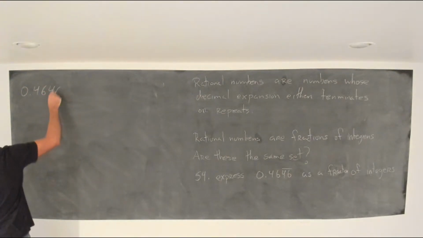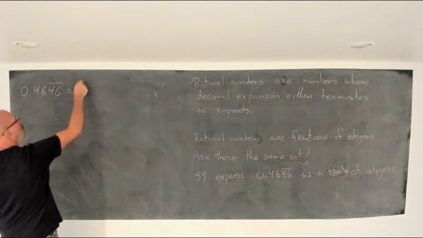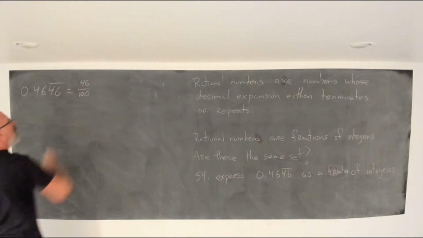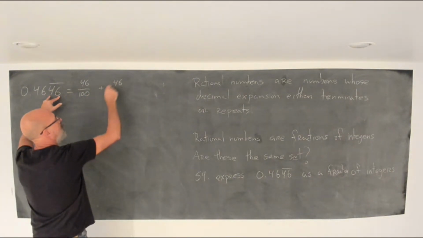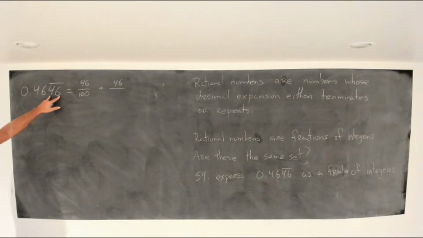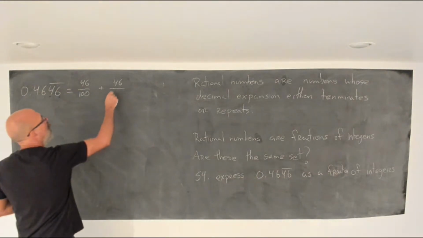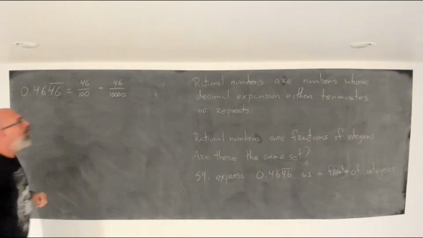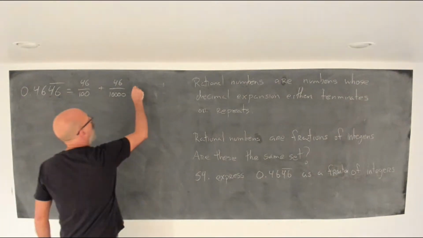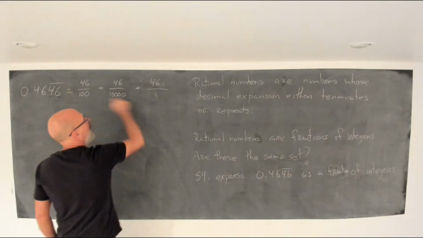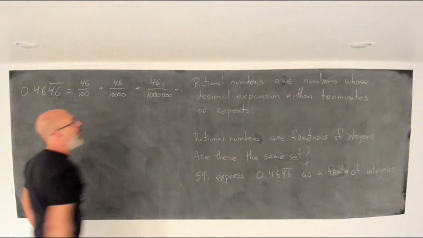But 0.46, 46, 46, this first 46 here is 46 over 100. And then this second 46, you've got 1, 2, 3, 4. So it's 46 over 10,000. And then you'll have a 46 over a million. And so on and so on.